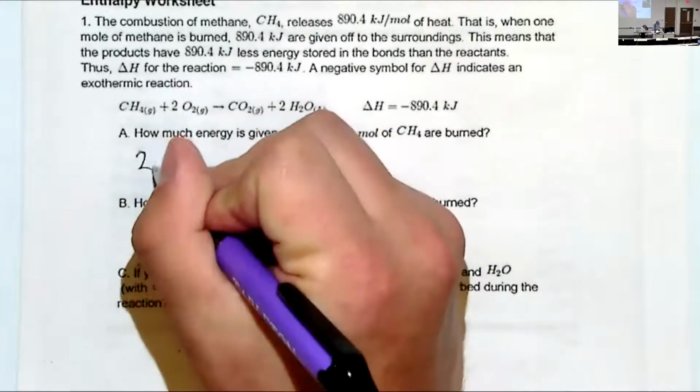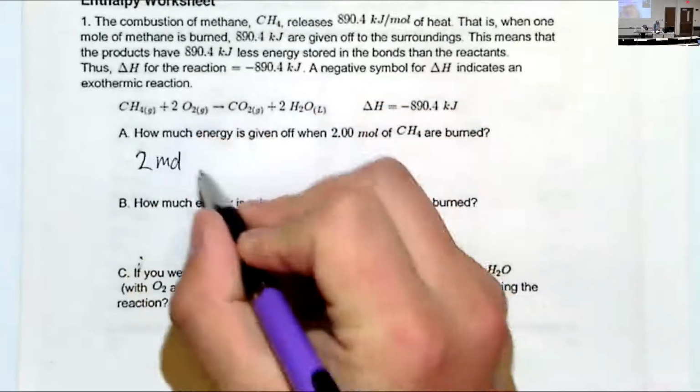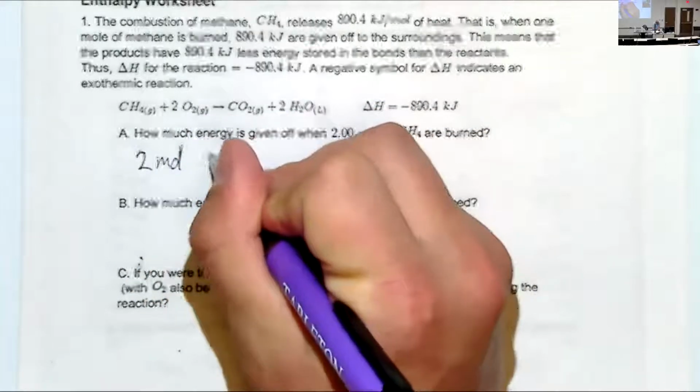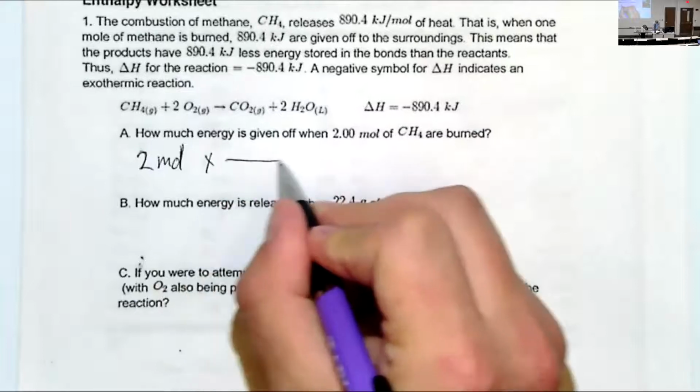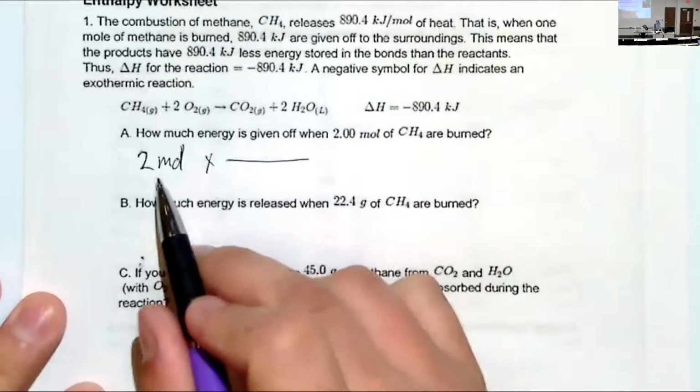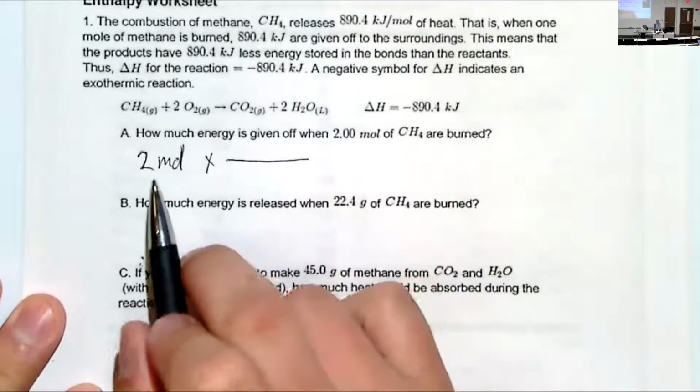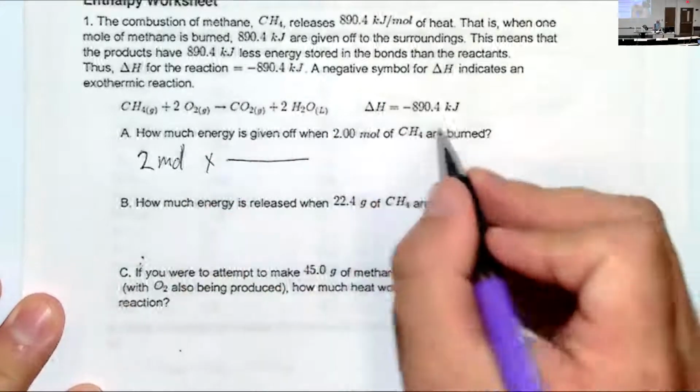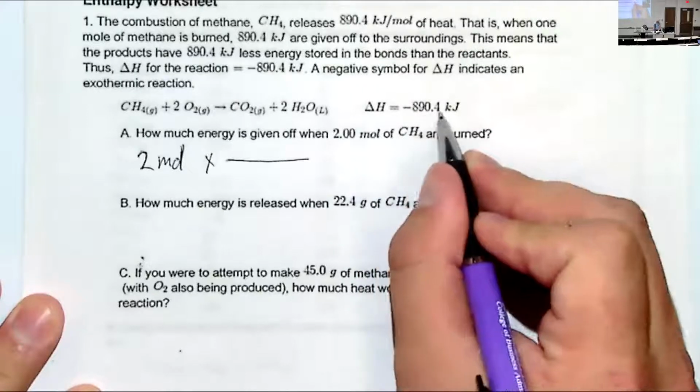We got our 2 moles, and we start off. What we want to find is how much energy is given off from our 2 moles. So we have our 2 moles, and then we have how much energy is given off from 1 mole.